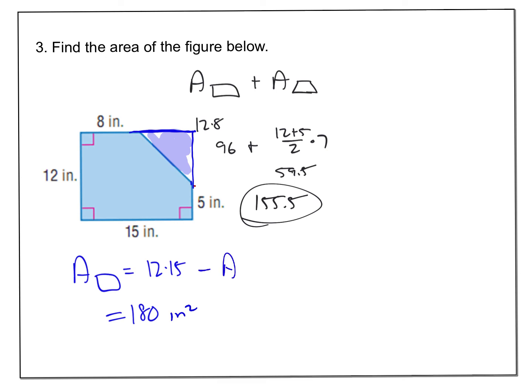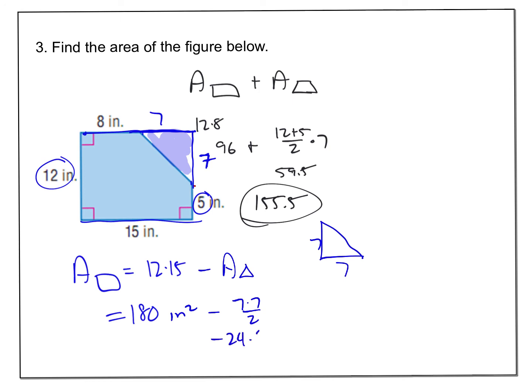Now what I would like to do is figure out the area of the triangle, which isn't tough to do because 12 minus 5 is going to be 7 right here, and 15 minus 8 is going to be 7 right here. So my triangle is just going to be 7 times 7 divided by 2, so that's going to be 24 and a half.